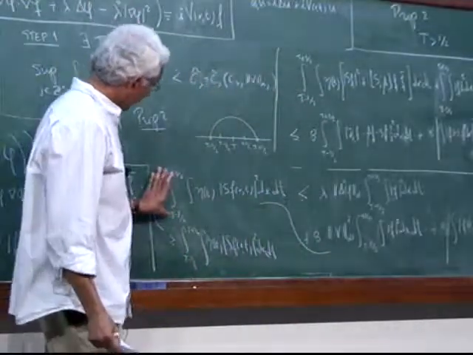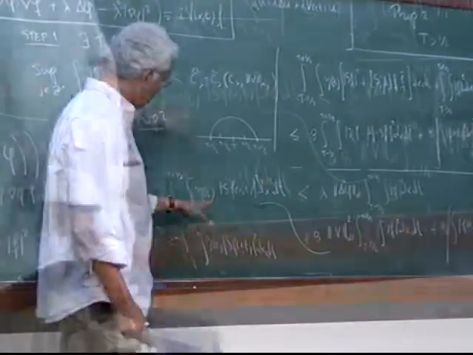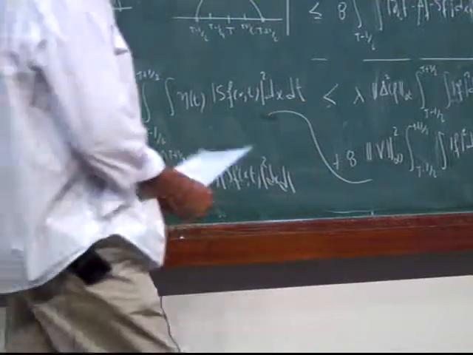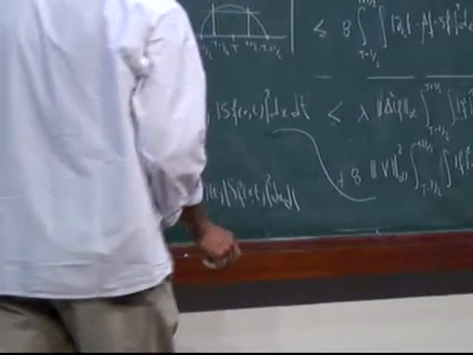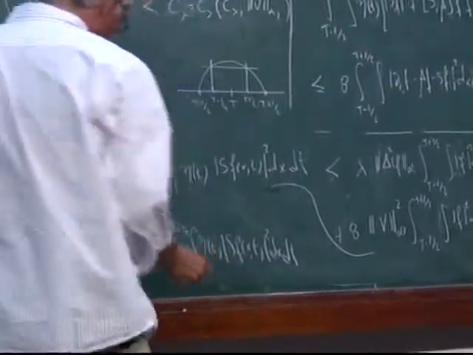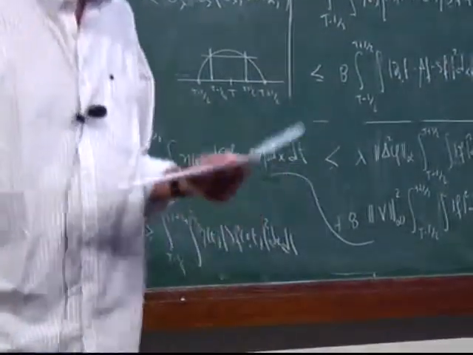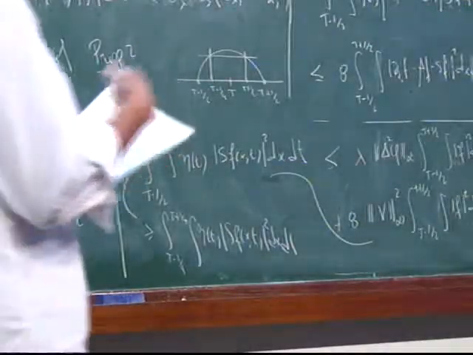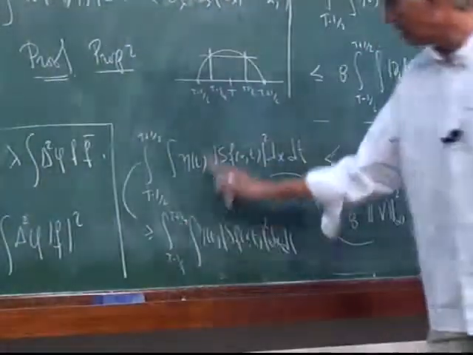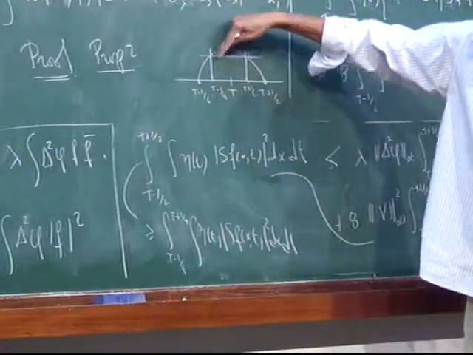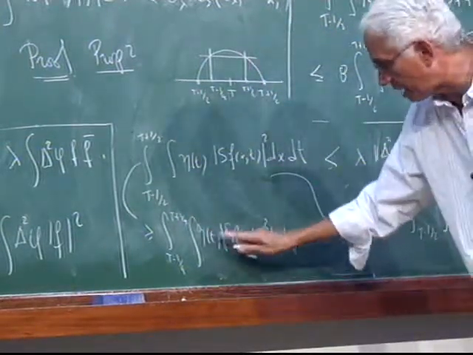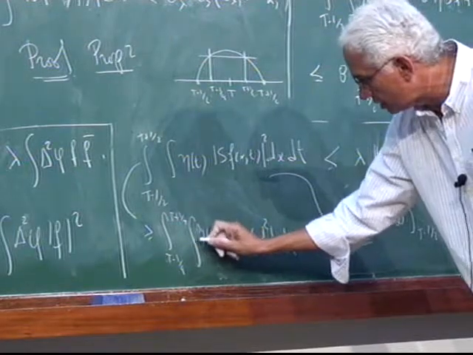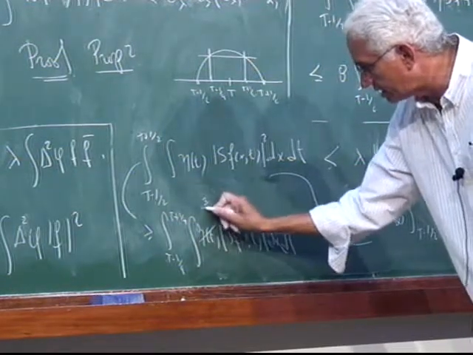Instead of integrating in a larger interval, something that is positive, I integrate in a smaller interval. But if I am here, this function is bigger than a constant. Then this quantity here is bigger than some constant that happens to be 3/16. Then in this interval, you have a lower bound. It's 3/16. Therefore, you can forget this part and put, this is more than 3/16.